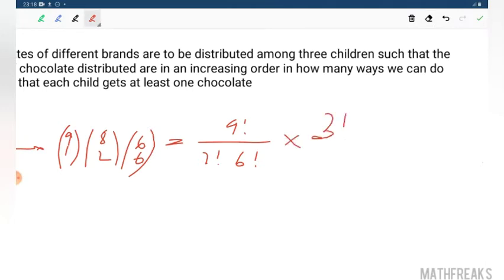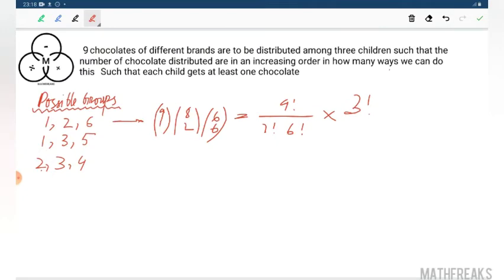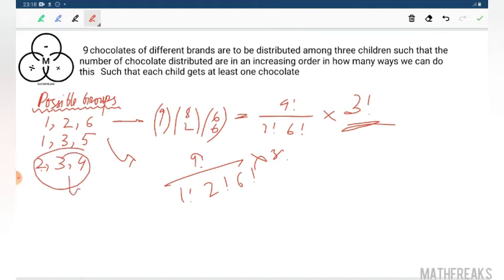Multiplied by 3 factorial. So we would just compute this: 9 factorial over 1 factorial, 2 factorial, 6 factorial, into 3 factorial. This is 9 factorial over 2 factorial, 3 factorial, 4 factorial, into 3 factorial.